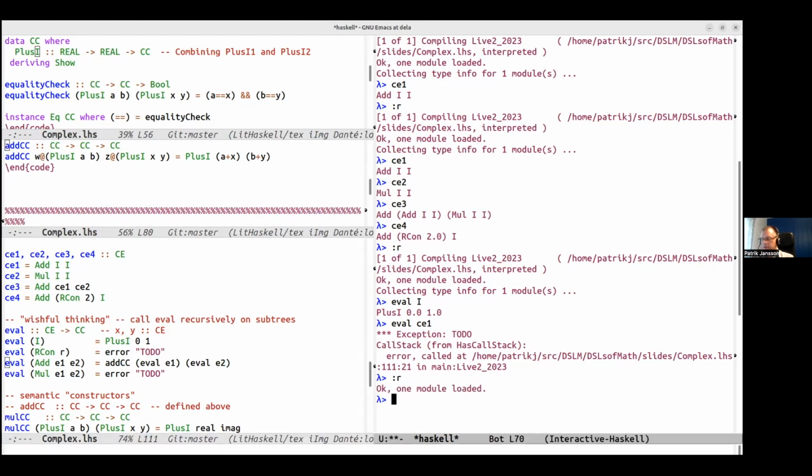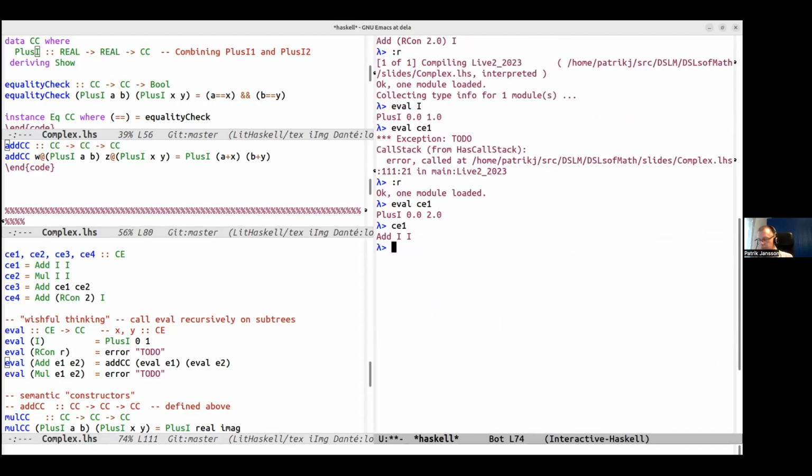So that means that now we should be able to evaluate CE1. So notice CE1 itself is add II, but eval of CE1 has real part 0 and imaginary part 2. So it just added up plus I 0 1 and plus I 0 1 to plus I 0 2.